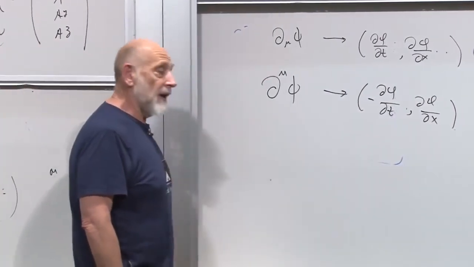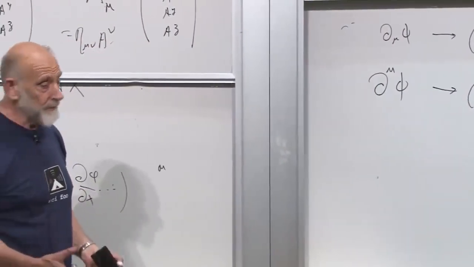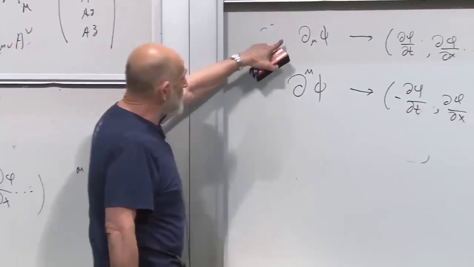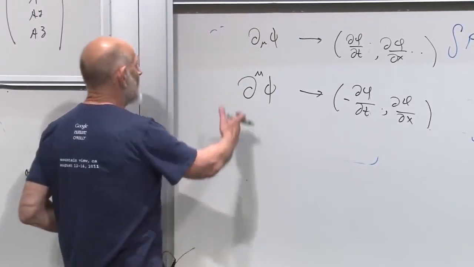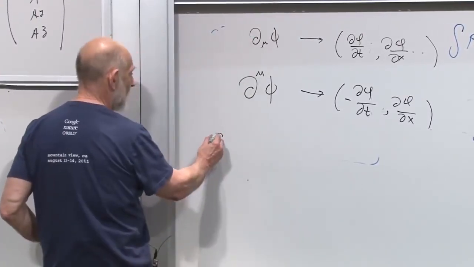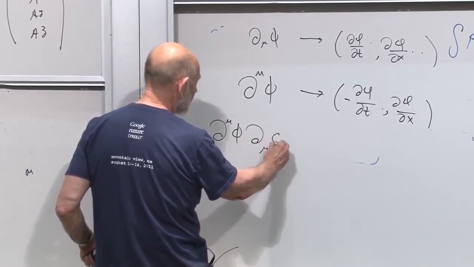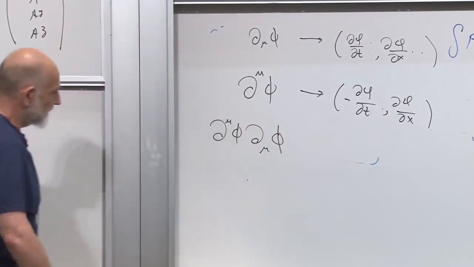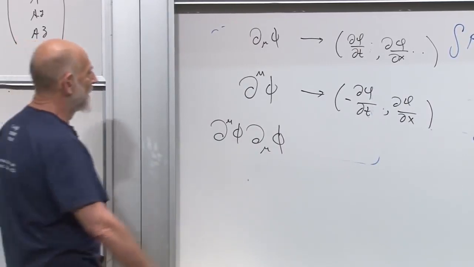The derivatives of phi form a 4-vector, but now we can form a new scalar. The new scalar is composed out of these two, or out of the 4-vector. What is it? We just take d mu phi d mu phi, and sum over mu. What does it stand for?